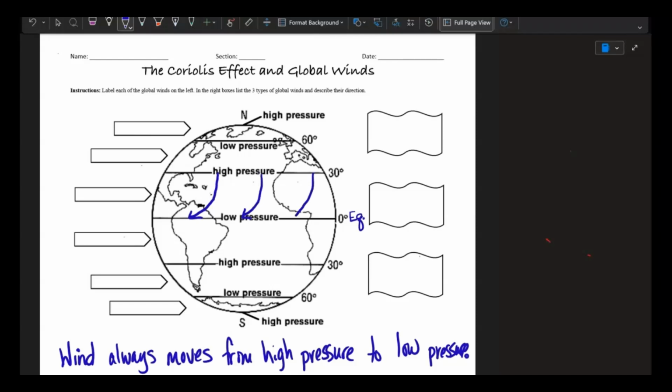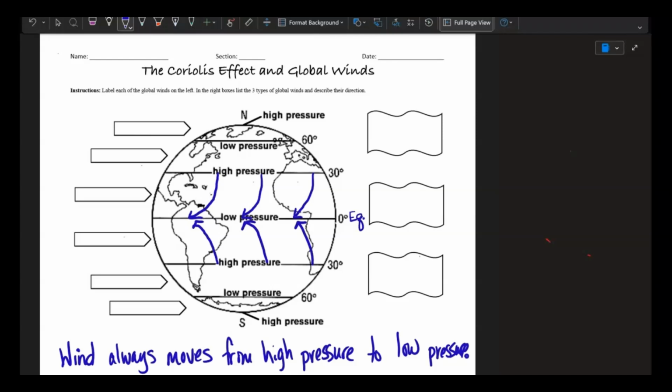And since the equator is having to move faster, it's going to fall behind. Same thing from this high pressure. This wind wants to move to low pressure, but it's going to curve and fall behind because it's coming from a slower movement or spin around the Earth.